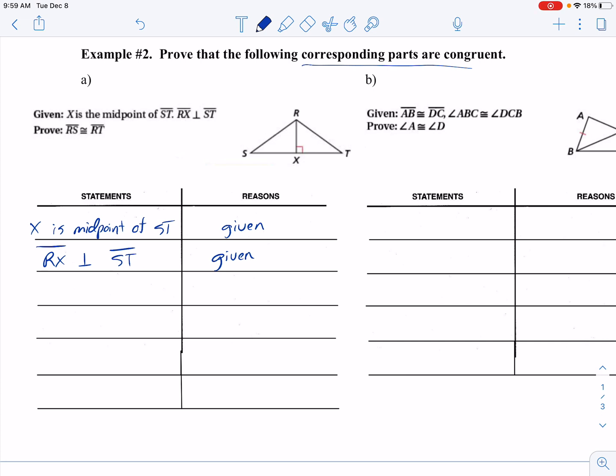If X is the midpoint of ST, then SX and XT would need to be congruent because that is our definition of a midpoint, splitting a segment in half into two equal lengths.